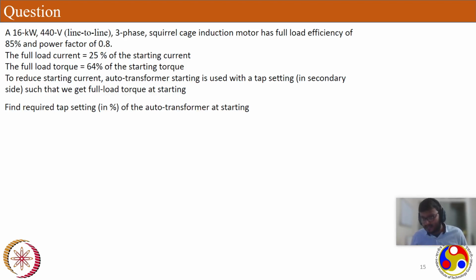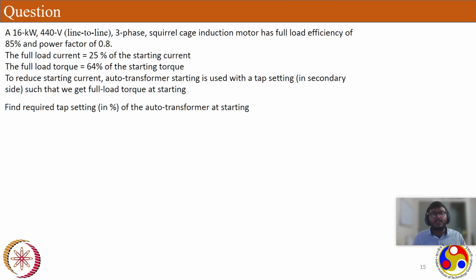That's interesting because they have set the tap ratio such that they will get the full load torque at the starting. Usually we will get something else as starting torque on this machine, and then later the starting torque will change.